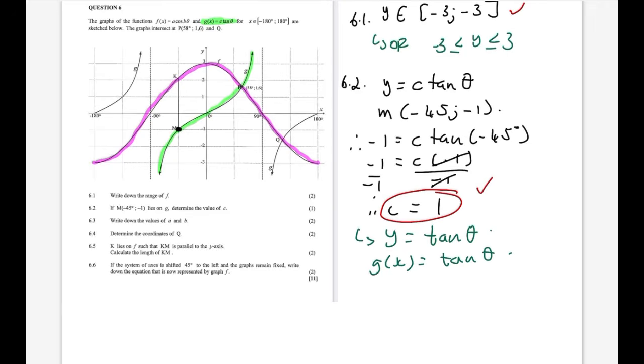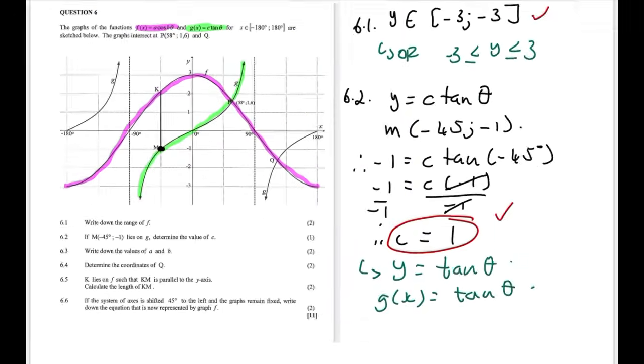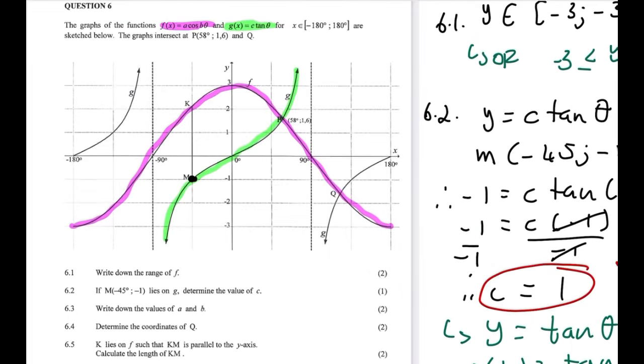6.3 says, determine the value of a and b. Now, when they speak of a and b, they're talking about what's going on here, okay? This is f of x, the cos graph, is equal to a cos b theta. Now, we discussed in the previous video what each of these parameters mean. We just need to determine a by checking if this graph has been stretched. We know that a determines whether the graph has been stretched.